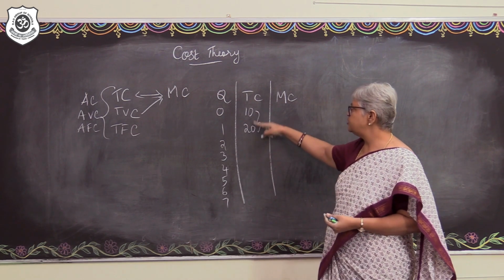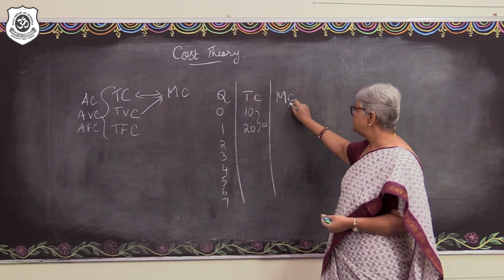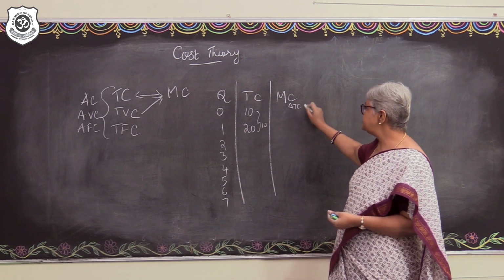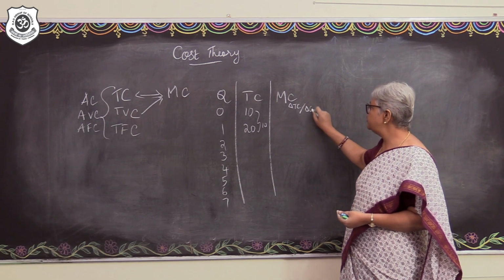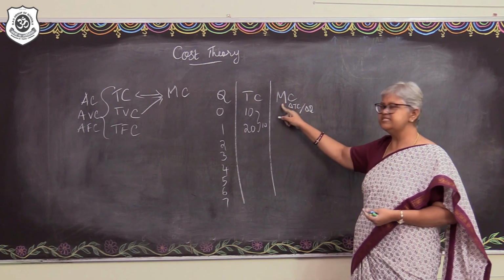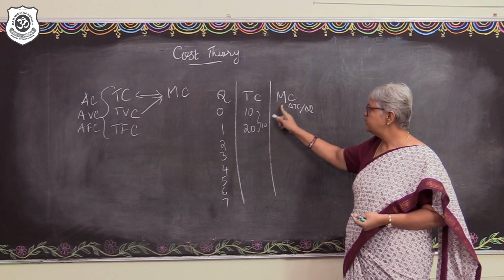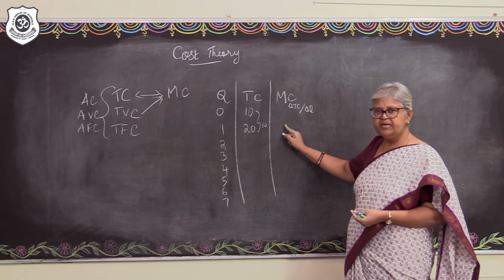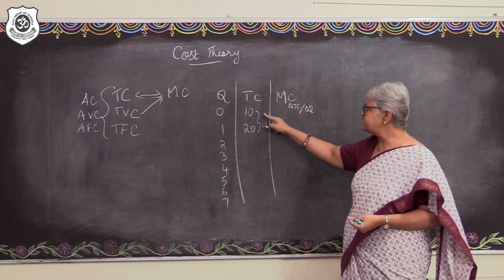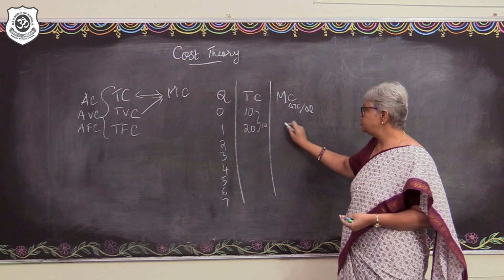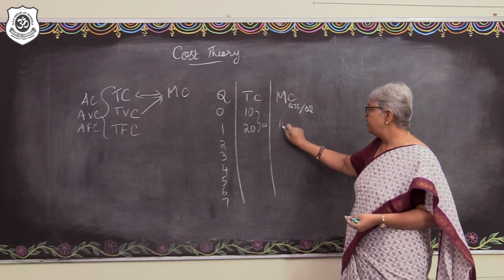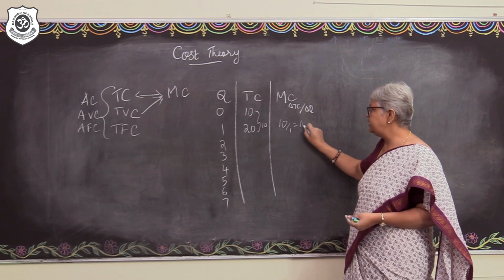So the change in the total cost that is caused due to the additional unit of output that is produced is what is the MC, right? So, MC at this particular level can be understood as change in TC by change in the level of output, which is going to be 10 by 1. So, that's going to be 10.